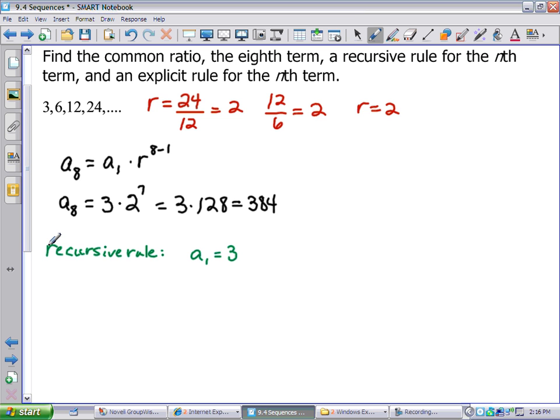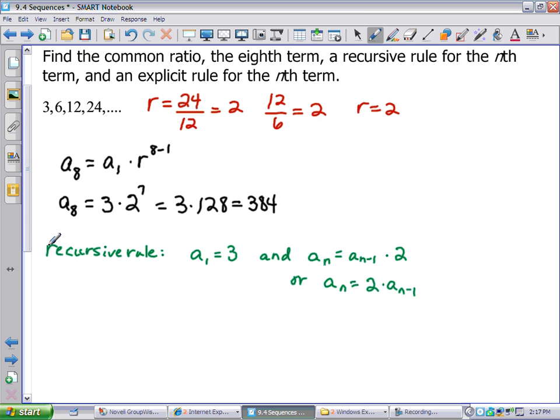And then when you write your recursive rule, I'm going to say a sub n is equal to my previous term, which is a sub n minus 1, times my r, and r here was 2. You can rewrite this another way: a sub n equals, and move your 2 out in front, 2 times a sub n minus 1. Either way is fine.